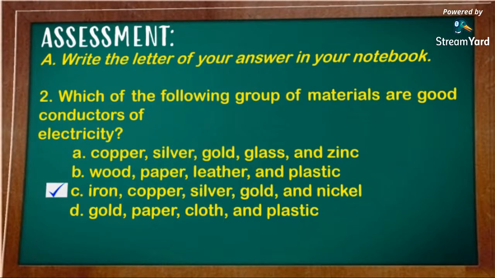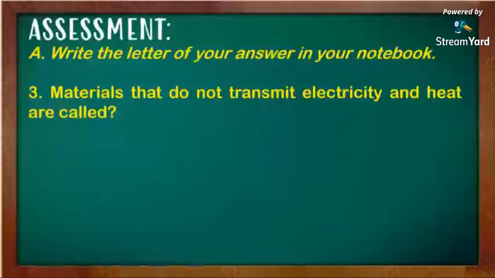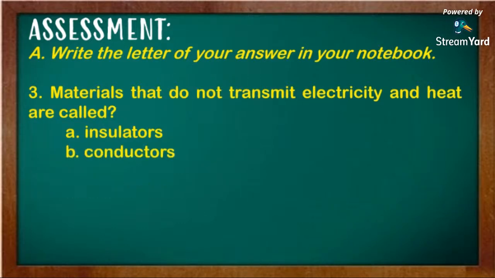Number 3 question. Are you ready? Materials that do not transmit electricity and heat are called: Letter A, insulators. Letter B, conductors. Letter C, non-conductors.